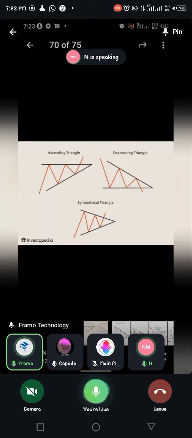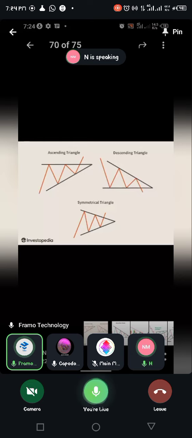So the triangles can break out anywhere. As we are saying, always wait for a breakout before you enter your trade and set your stop loss and other things.